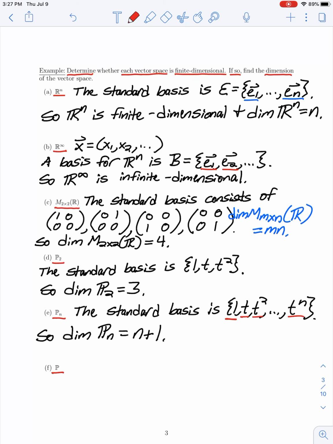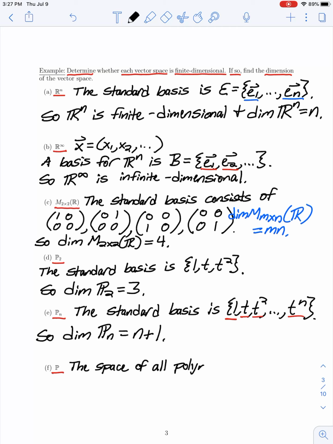sort of this boldface P, which represents the set of all polynomials, or the space of all polynomials, which has a basis given by 1, t to the first, t squared, and so on, up through t to the nth, and so on.